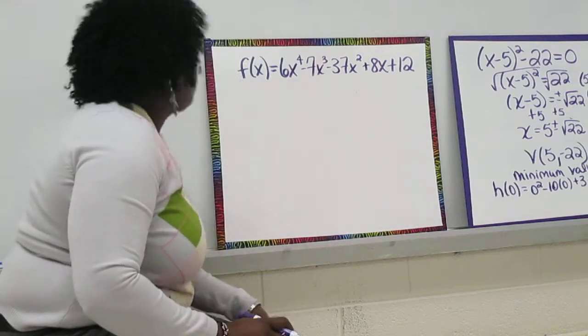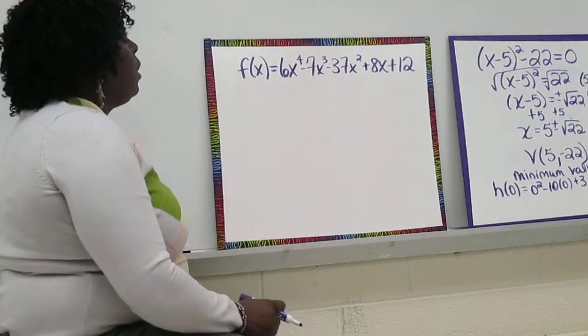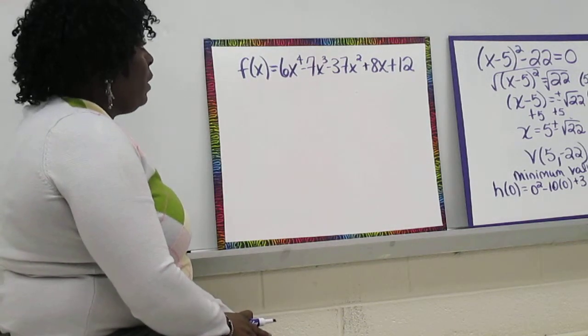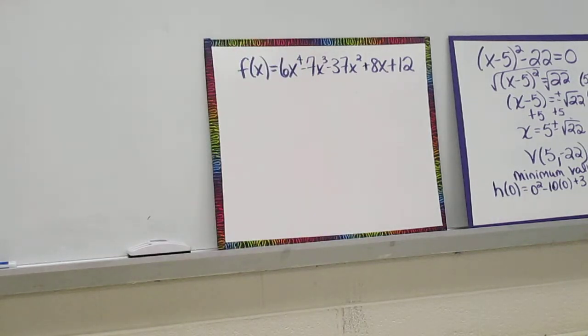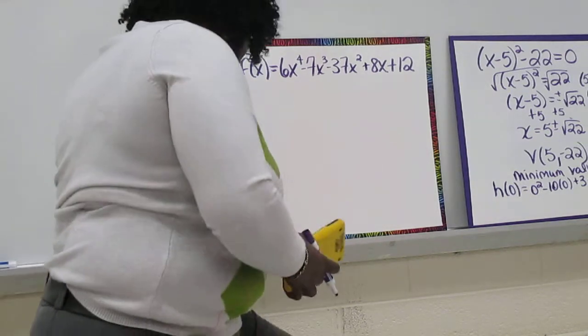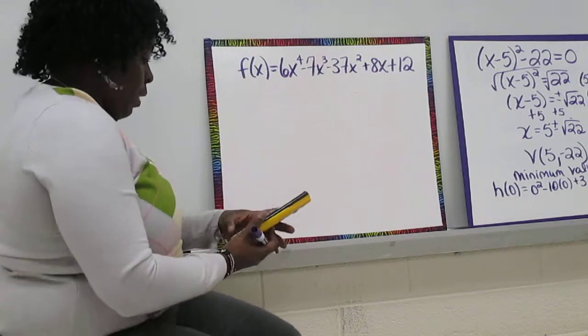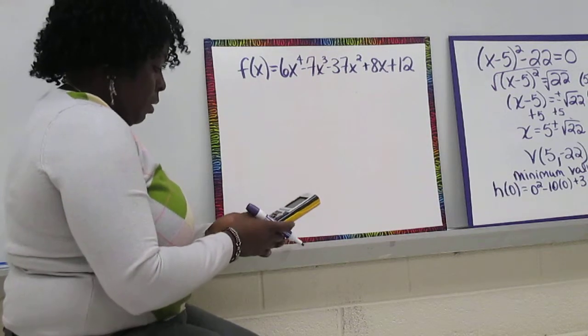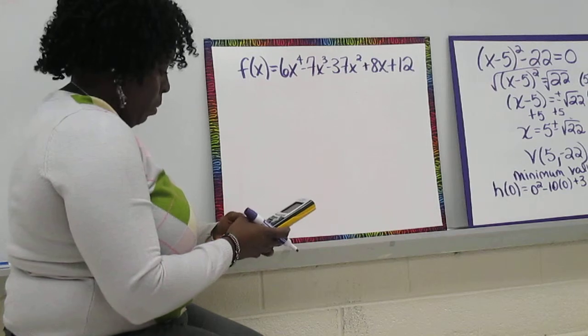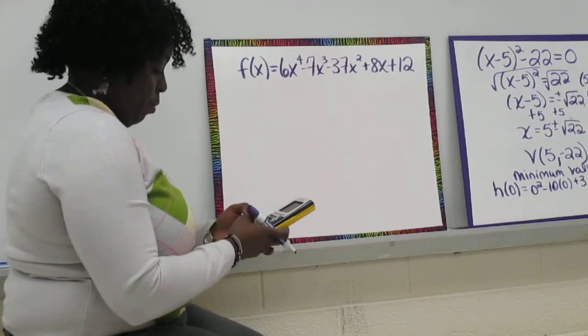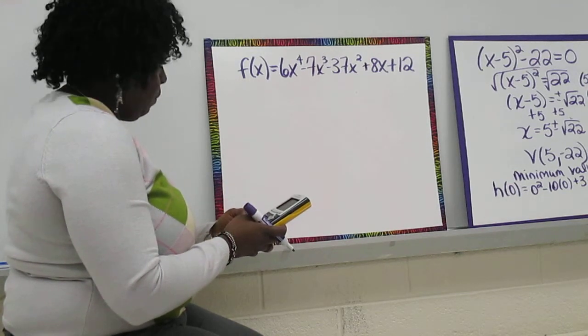This last problem, you had to graph it in order to determine your x-intercepts. So if you put it in the calculator and graph it, so I'm going to put it in my calculator and graph it. I want to make sure that I'm remembering the zeros correctly.